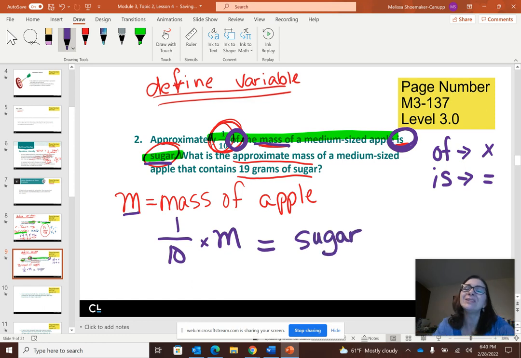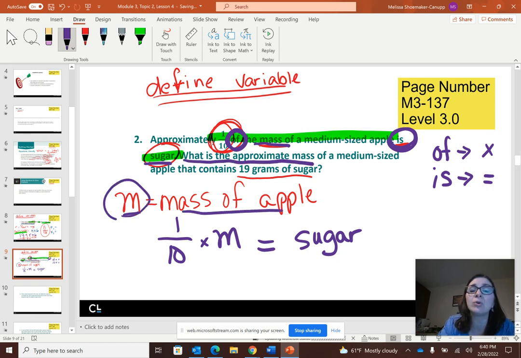Now, what do they tell me? They're asking me for the mass. That's why I defined that as my variable. If the apple contains 19 grams of sugar, then 19 grams of sugar is going to go here with the sugar.